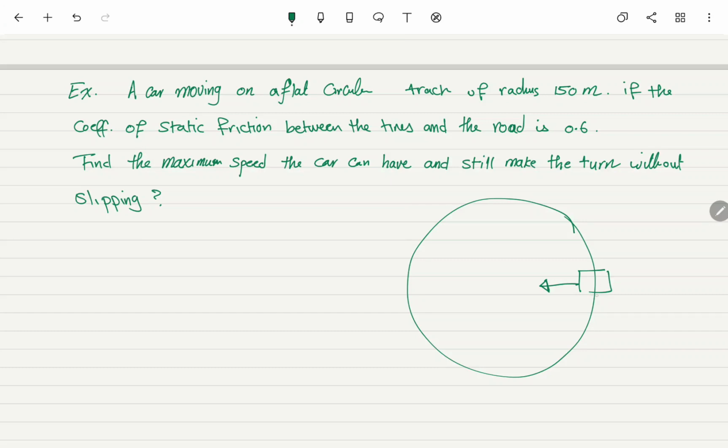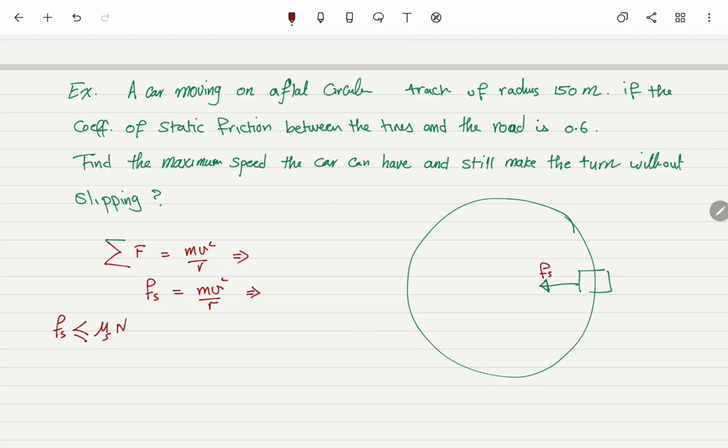Again, sum of all forces equals mv square over r. In this case, again, we all agree that the only force here is the static friction. It's equal to mv square over r.